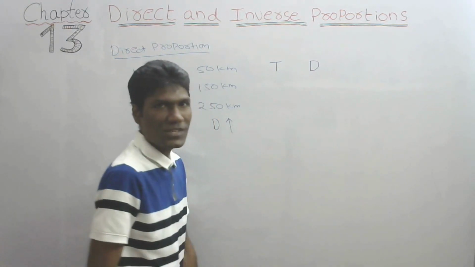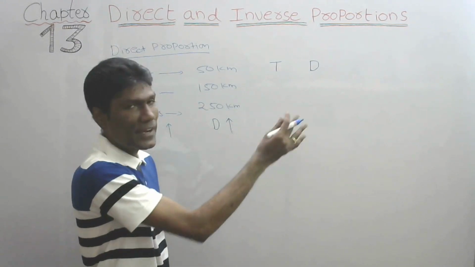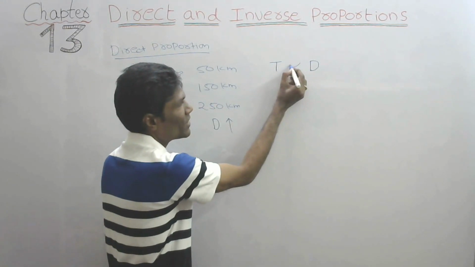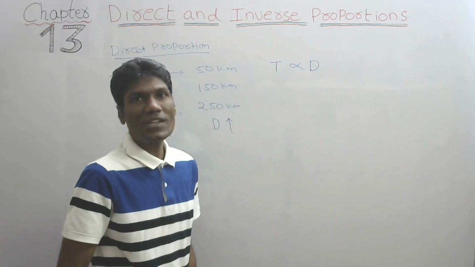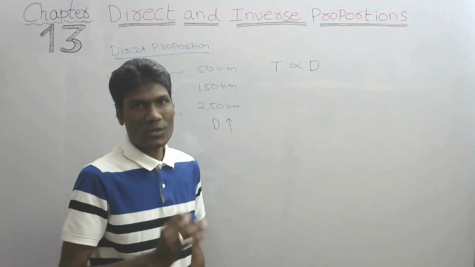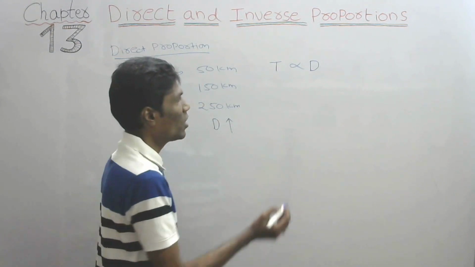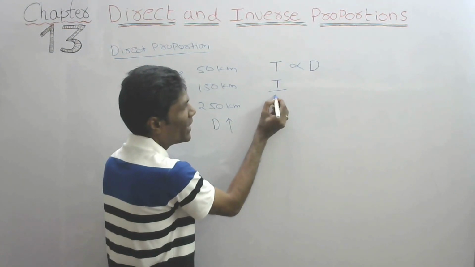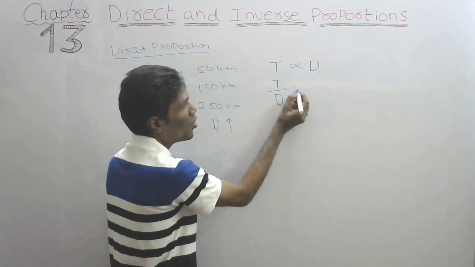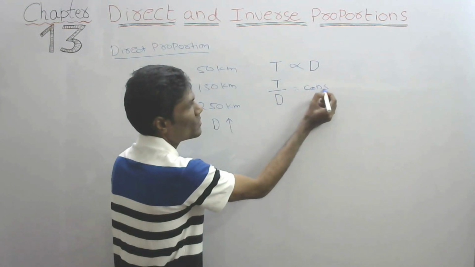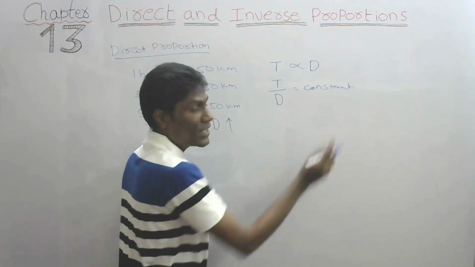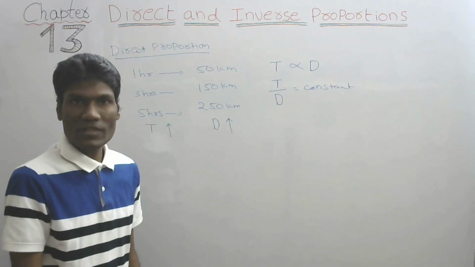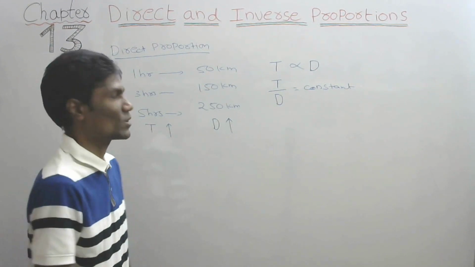When it is directly proportional, we will represent it like this. T is directly proportional to D, or what we will say is T divided by D equal to constant. That is, the ratio of these two will be constant. Is it so? Let us check it out.